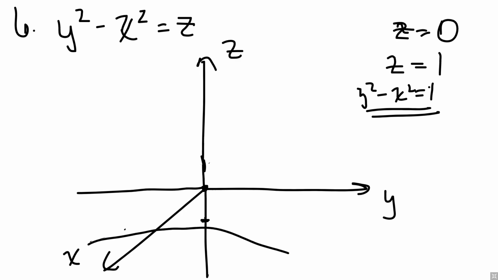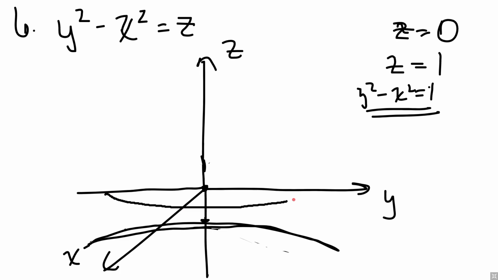Oops, that should not curve so sharply. So we're going to have a piece of hyperbola down here. And then we're also going to have another piece, and it's just going to be kind of behind. Okay.